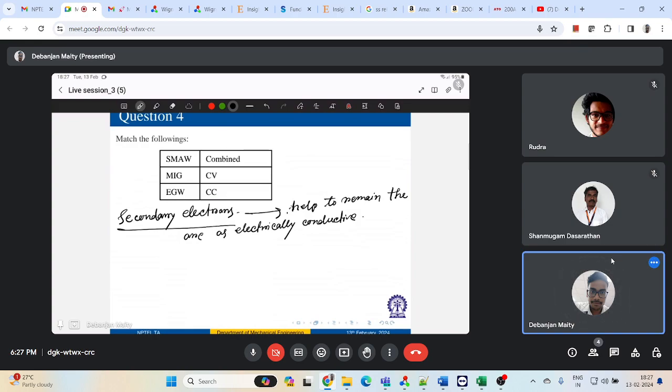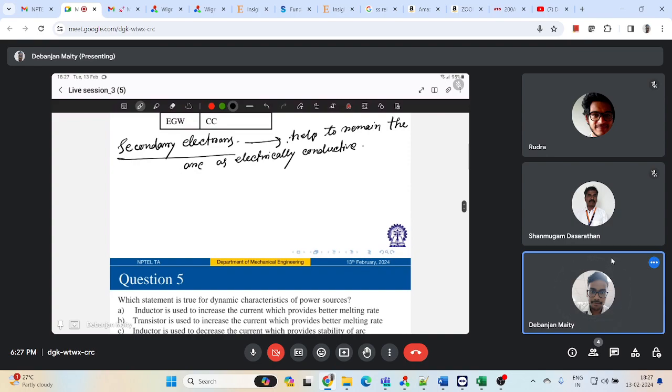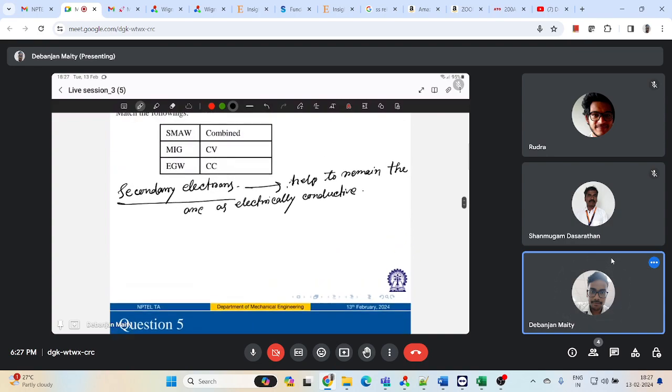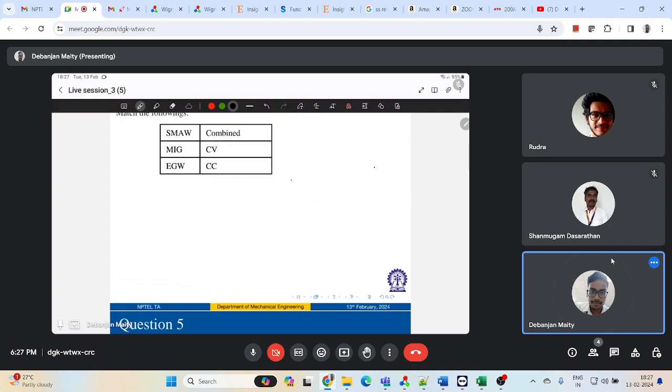Anyhow, now comes the question: how will your arc structure look, or what will be the characteristic of that arc structure? So if you see it structurally, we can distinguish five different zones in an electric arc. So let's say I'm having the electric arc structure.